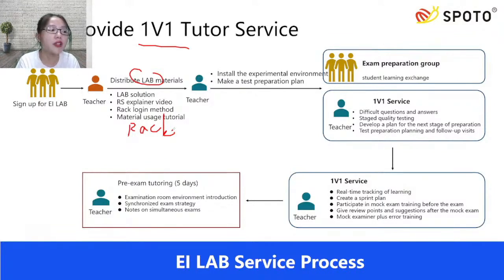If you encounter any difficulty during the practice, I will help you solve it through remote software.